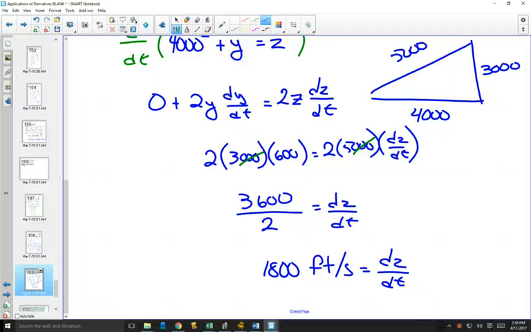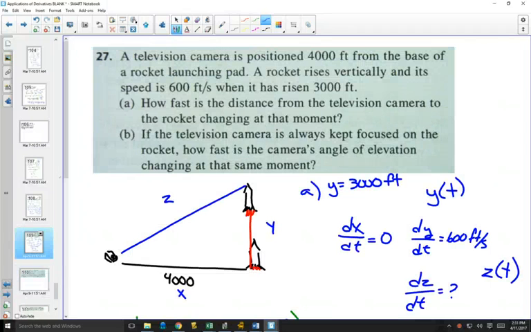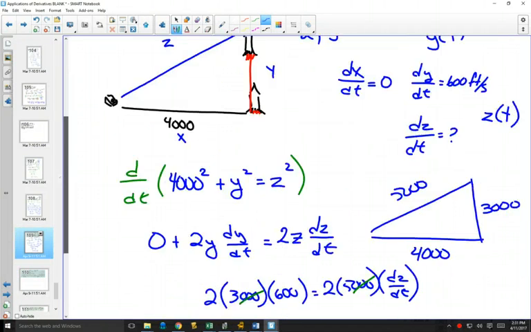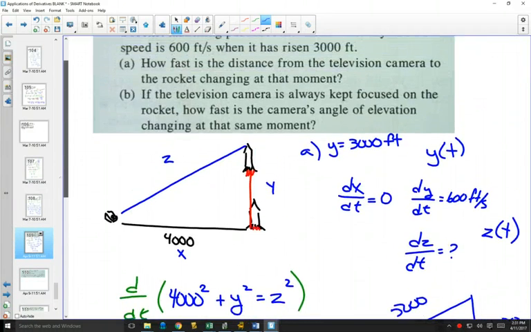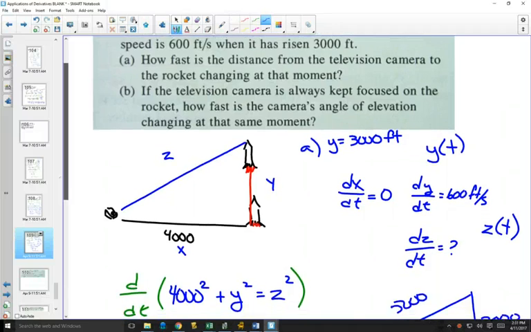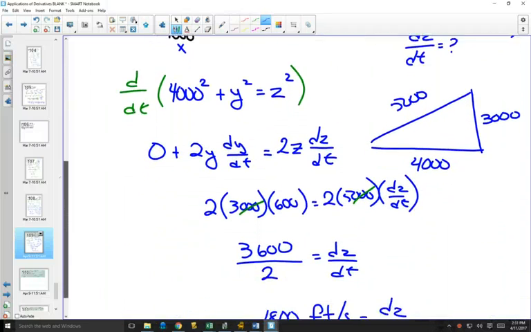So there's part A as a review. We've done those kind of questions with our right angle questions before.